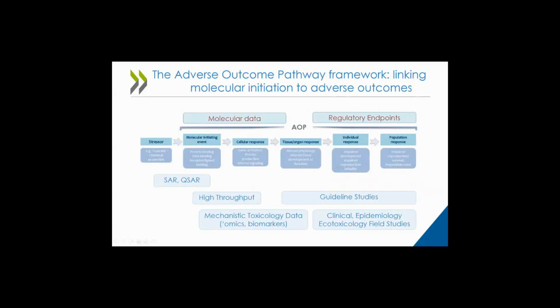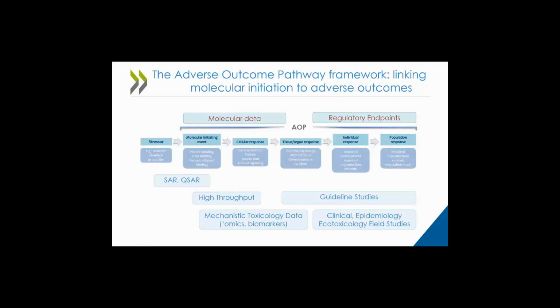All types of information that pertain to a given biological event or process at all different levels of biological complexity, from quantitative structure activity relationships or structure activity relationships to molecular data like gene or protein expression, any kind of omics data, to more complex cell and tissue-based tests, to whole organism observations like typical guideline studies or clinical data, or even to population-level data like epidemiological studies or ecological studies.